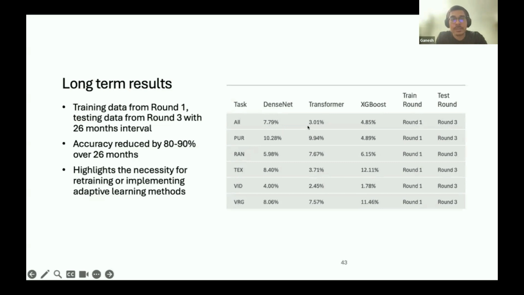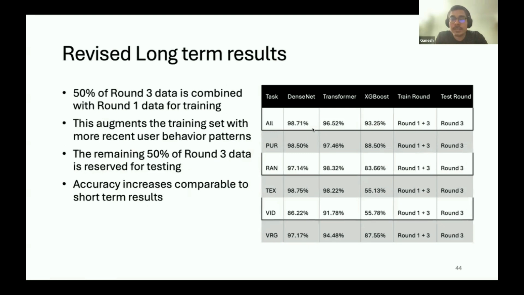That is, using transformers, we got very low accuracy. Using DenseNet, we got an accuracy of 7.79%, but that is not a good thing.